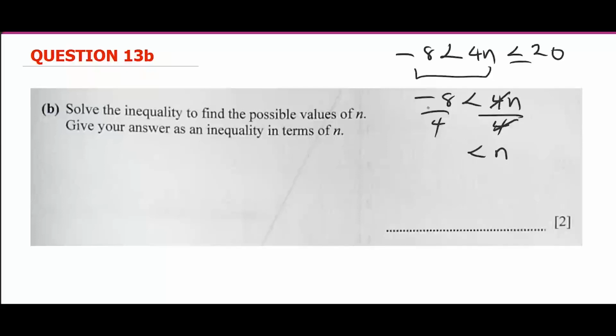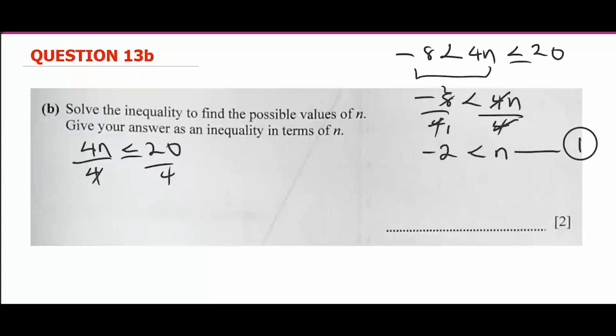Then -8 divided by 4 is -2. So you have -2 is less than n. So you can call this one. That's our first solution. The second solution will be 4n less than or equal to 20. So we need to divide both sides by 4. 4 cancels 4, you have n here, less than or equal to 20 divided by 4, which is 5. So you have 5 here. So this is our second answer.